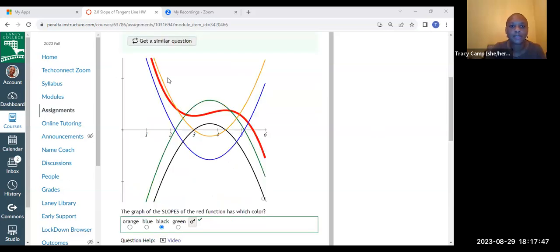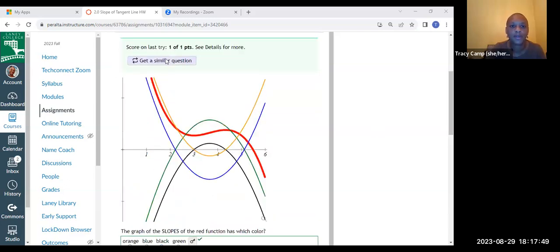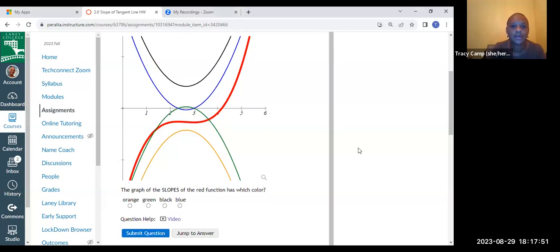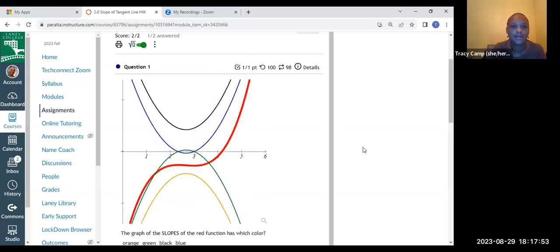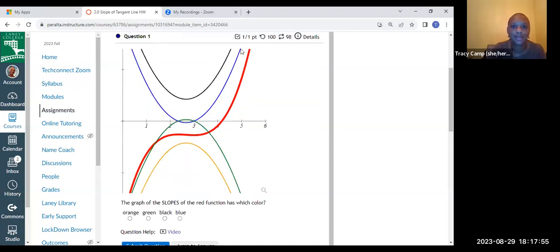Let's get one more similar question just to have another example. Number 1. I don't like these, because it's hard to see. Where's the high point?